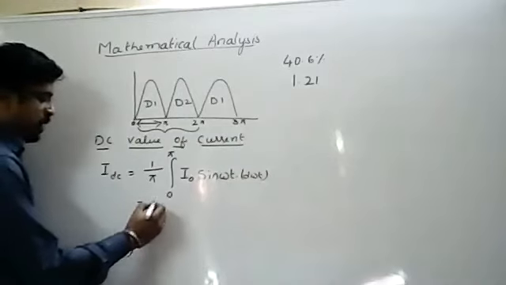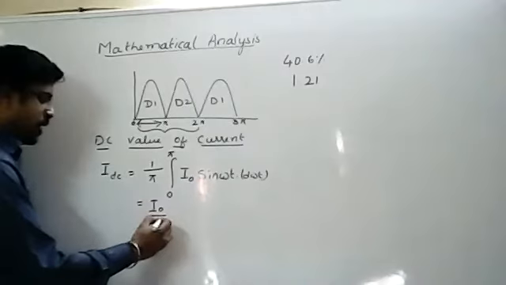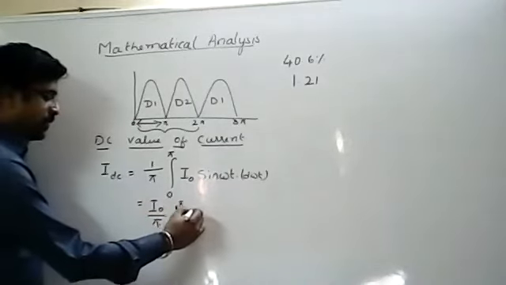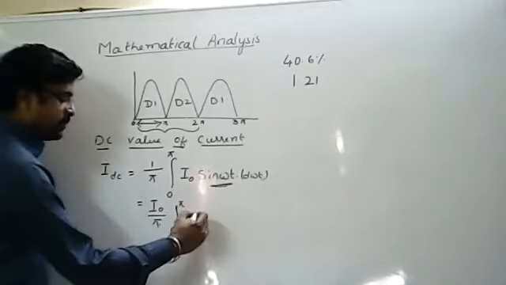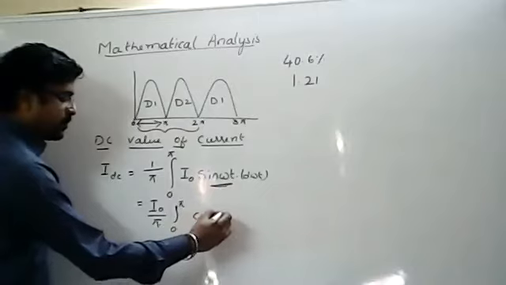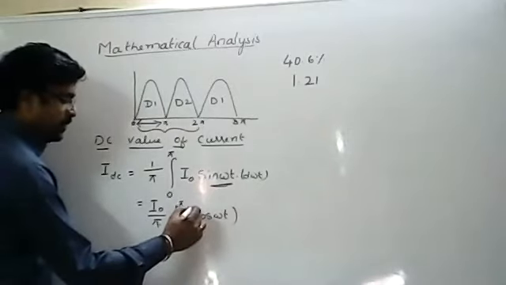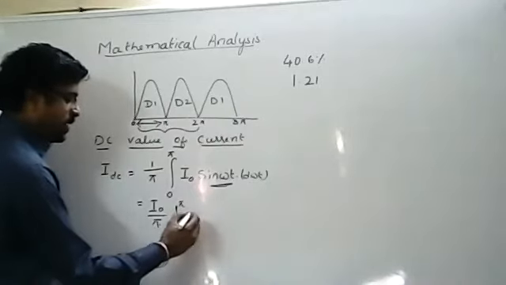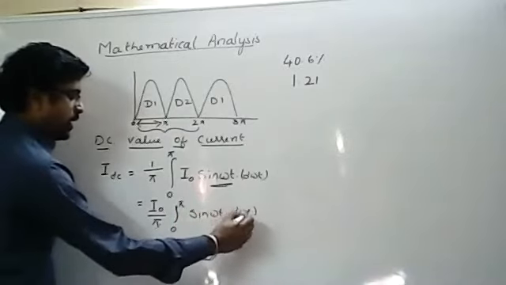I naught is constant, so take it outside: I naught by pi, integral from 0 to pi of sine omega t into d omega t. What is the integration of sine?